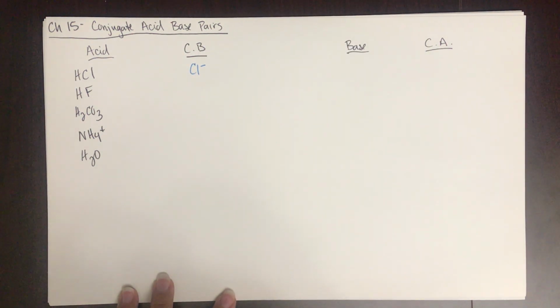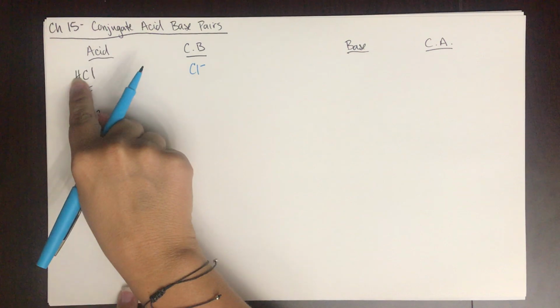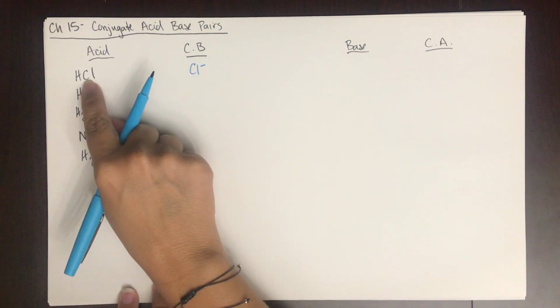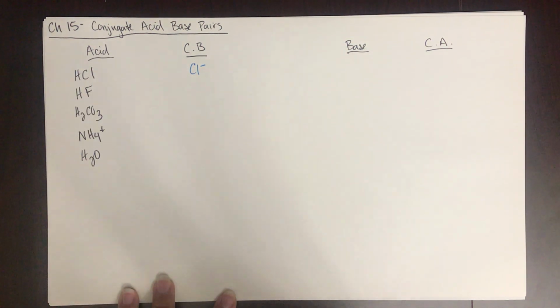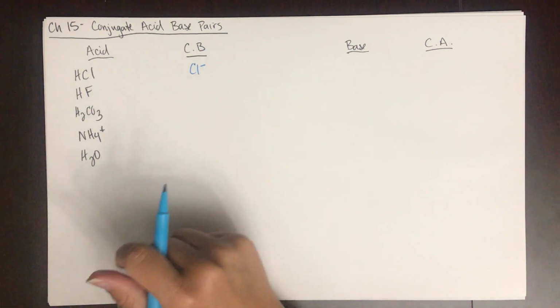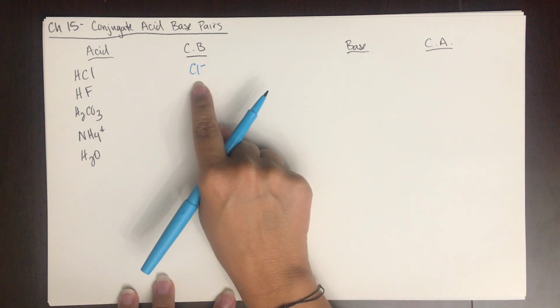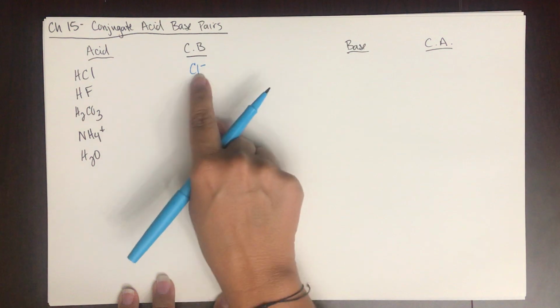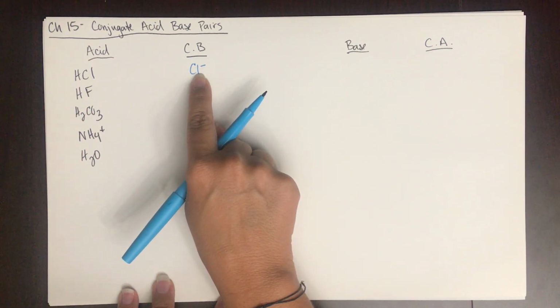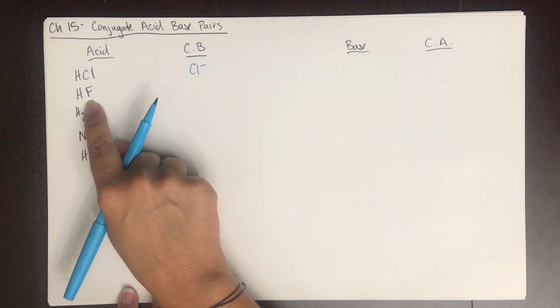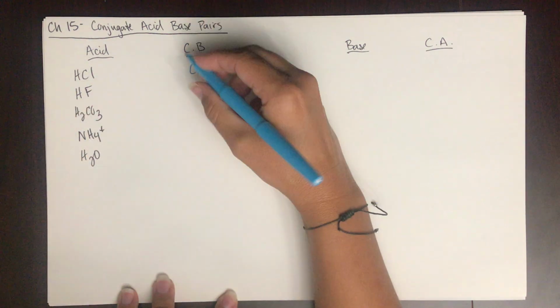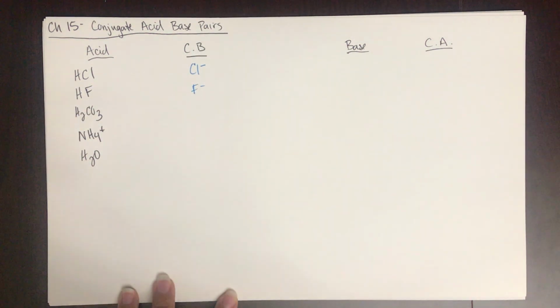So the charge is also important. We're not just going from HCl to Cl, because this HCl is neutral because it's an H+ and a Cl-. So the conjugate base of hydrochloric acid is the chloride ion. Here, if I have hydrofluoric acid and I lose an H+, the conjugate base is the fluoride ion.